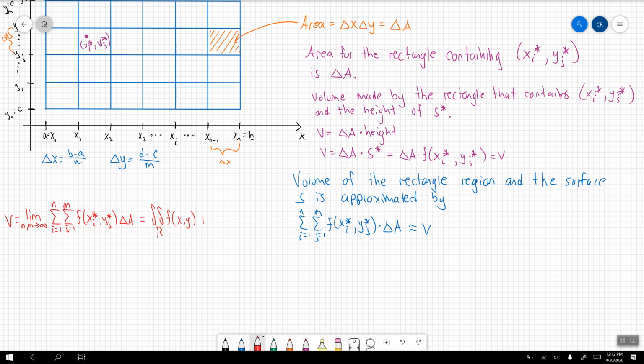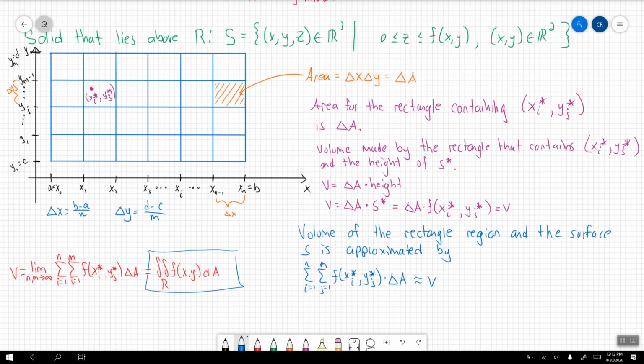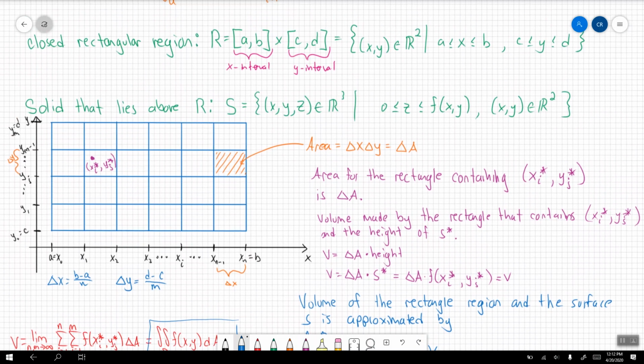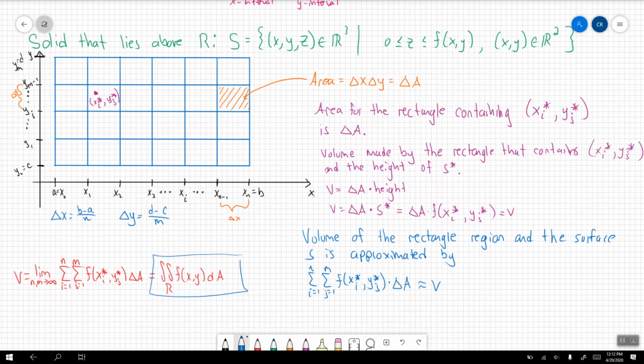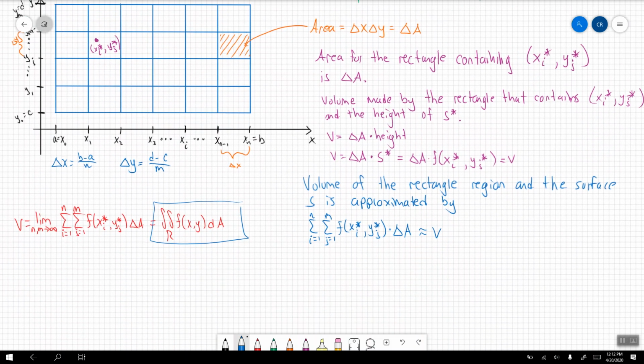Well, integral-wise, we just call that dA. And this here, ladies and gentlemen, is that definition for a double integral. This is your double Riemann sum integral that we work with. All right, so awesome. So now we see where this was developed, and now we can start going through some of these examples.